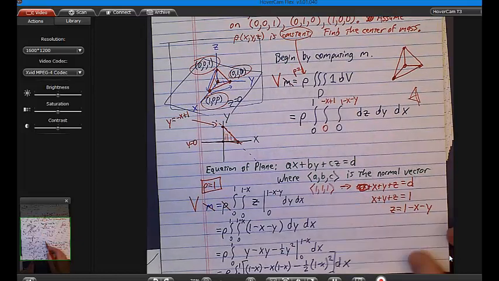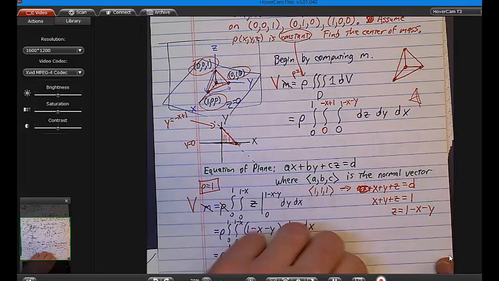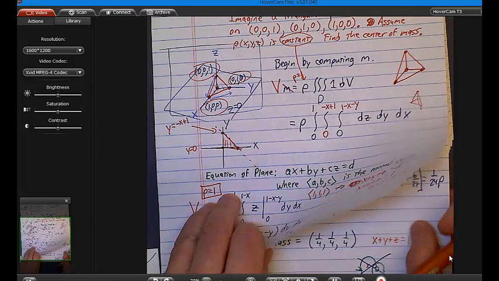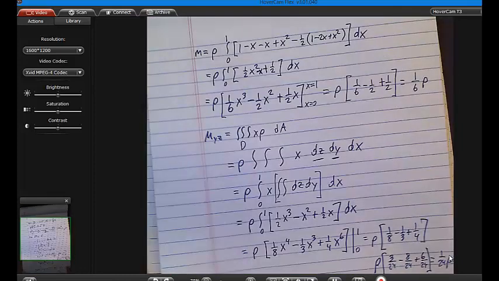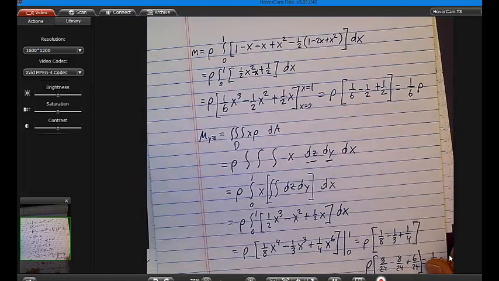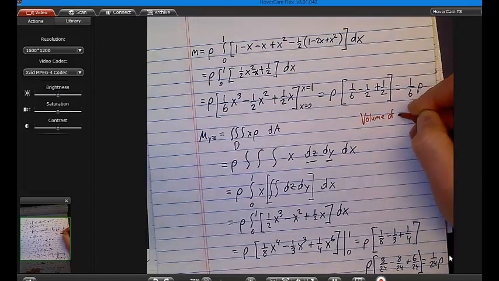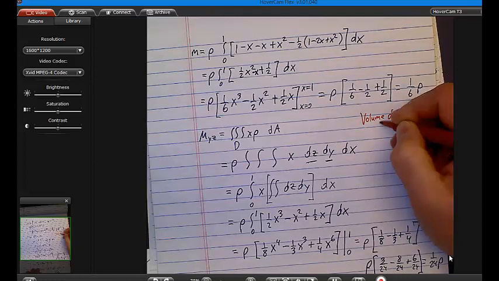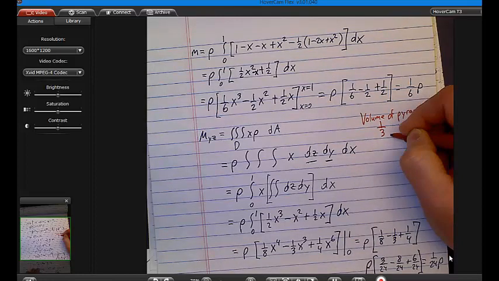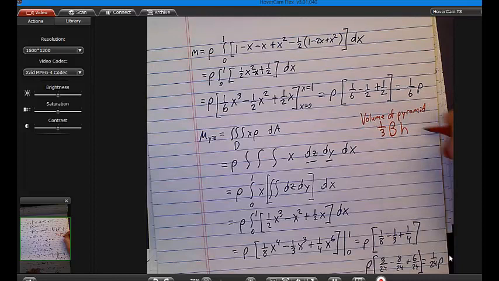And we worked out that the volume of the pyramid ended up being what? 1/6? Actually, do you guys know the formula for the volume of a pyramid? I think it's 1/3 area of the base times the height, right?